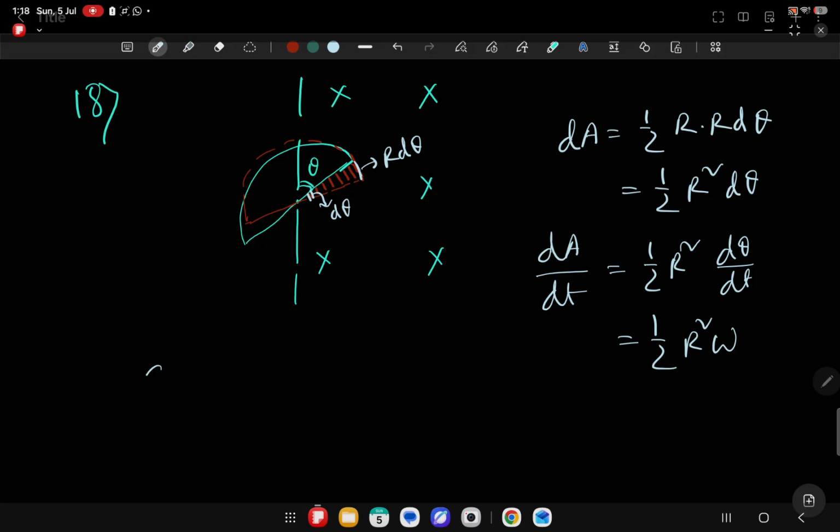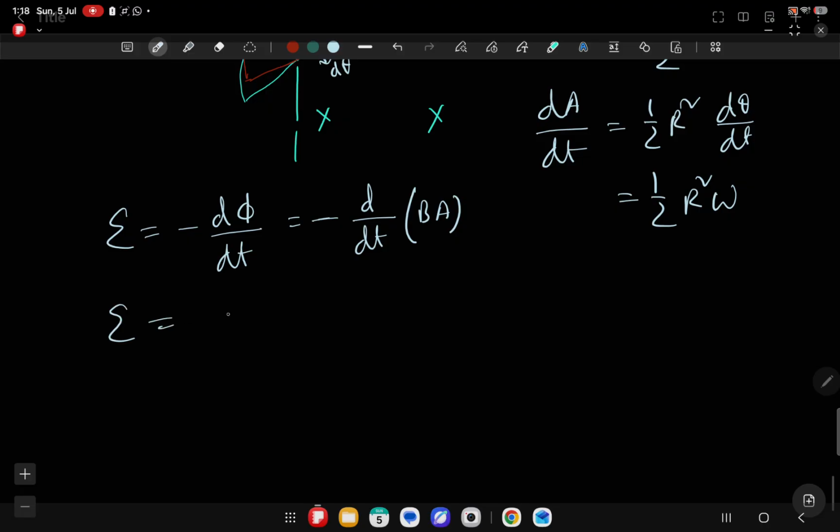So what will be the EMF? It will be epsilon equals minus d phi by dt. So this is minus d by dt of B into A, so it is minus B dA by dt.